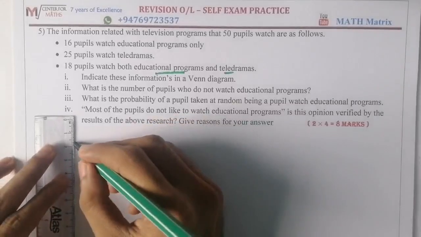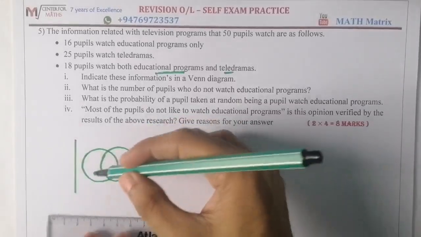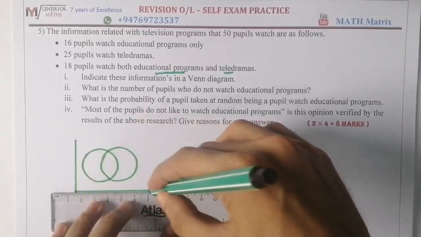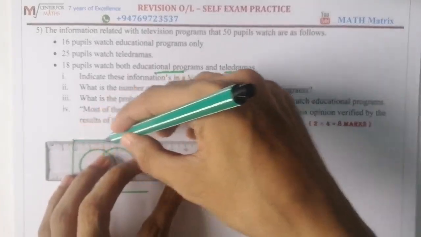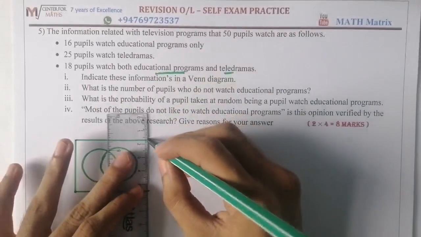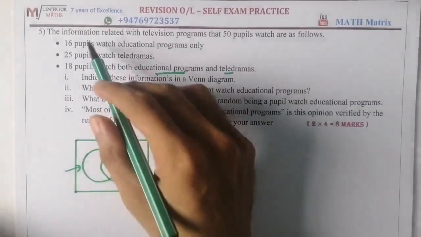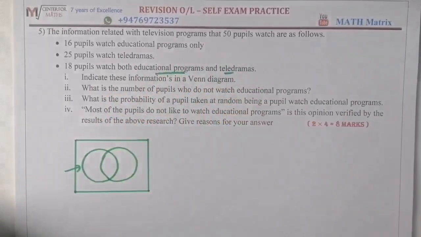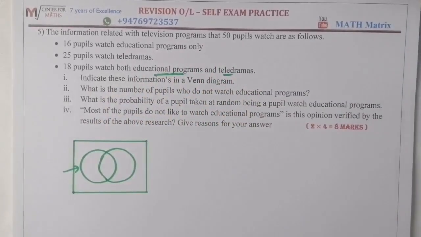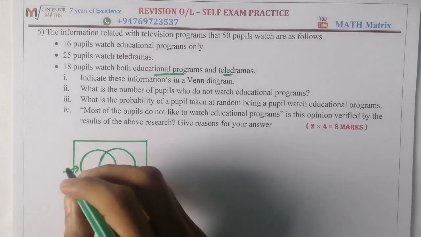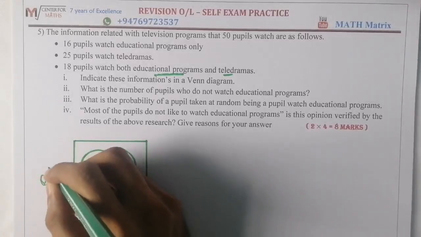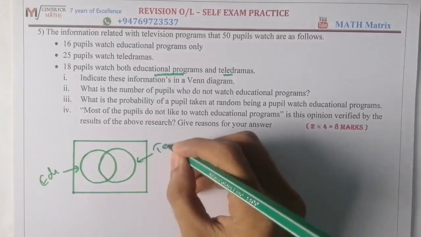You have to go with two Venn diagrams. Okay, right. Here the set. And the first one, the information related to the television programs that 50 people watch. So here the first one is educational program, edu, and the next one is teledramas.